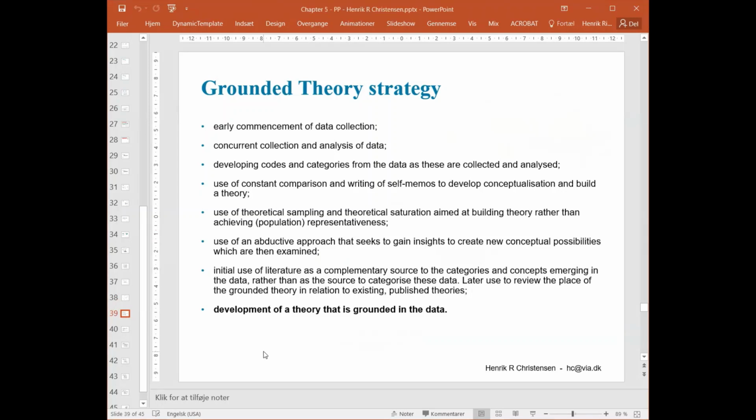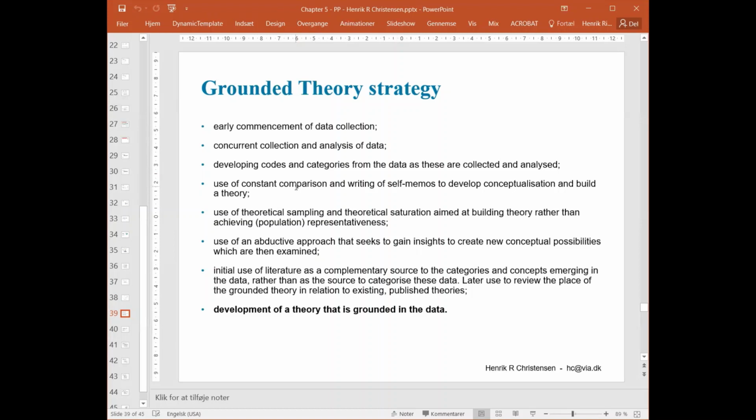basically about doing things and trying things out, and then simply develop a theory that is based upon the data that you create. So it simply means that you are collecting data and you are having a concurrent collection and analysis of data. You don't really know exactly what to collect, so you're collecting what you can, and then you're making the analysis of it, and then you start to develop codes of, okay, what might that be, and try to see if it can be analyzed in a specific way.